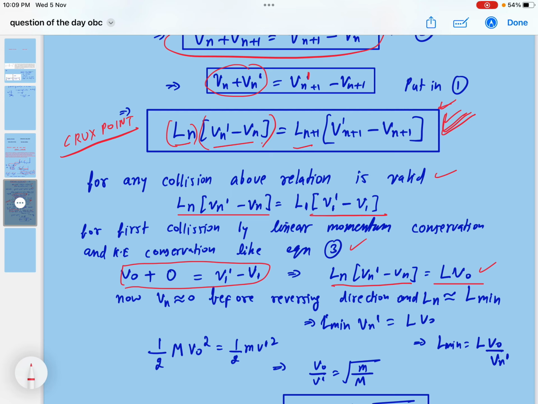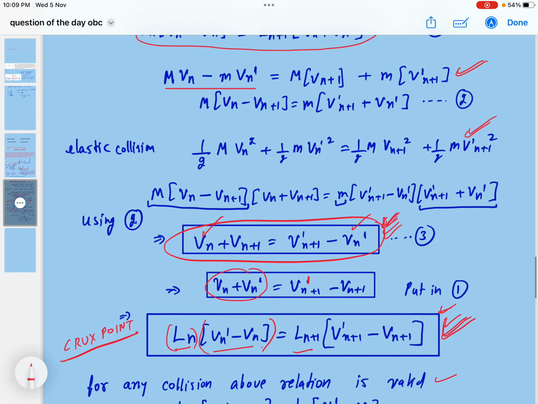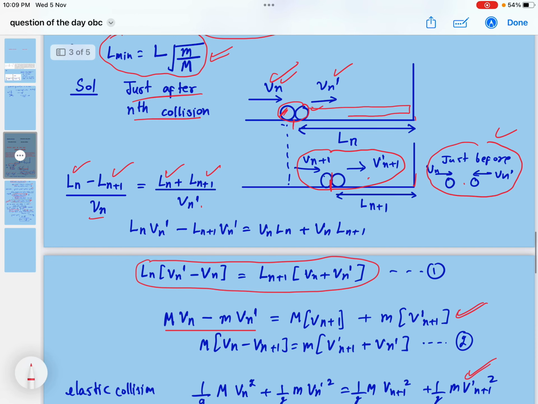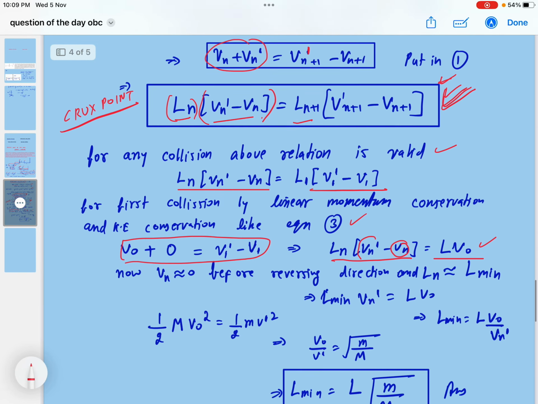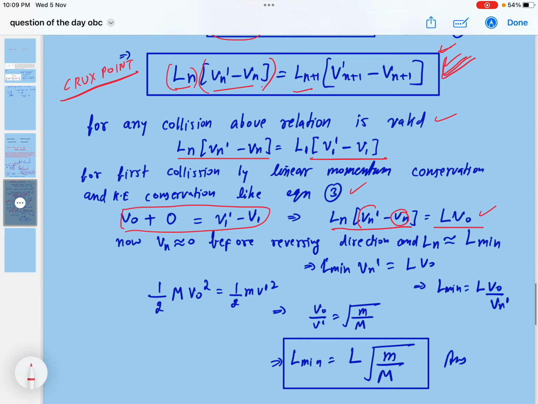When the separation is minimum, at that instant this Vn, the heavier ball's velocity, will approach 0. So this quantity will approach 0, right? So for minimum separation, I am writing this equation.